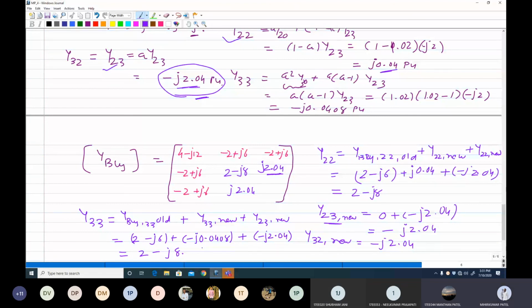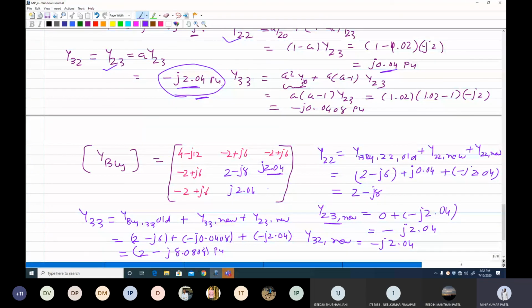It is 8.088. Yes, very good. This is your final answer for Y33. So clear? Just substitute the value of Y33.